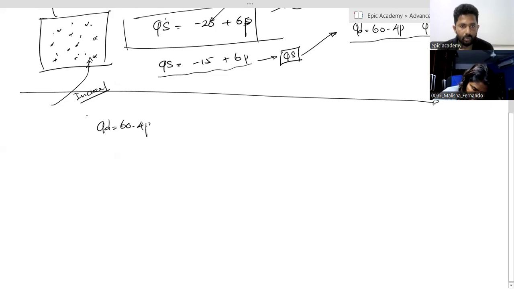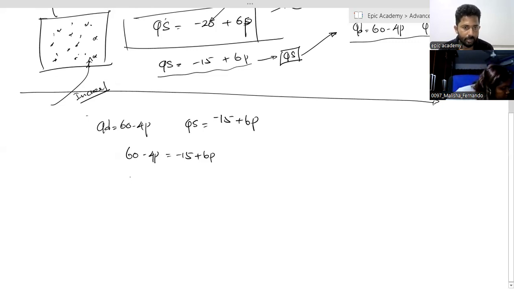QD equals 60 minus 4P, QS equals minus 15 plus 6P. Setting 60 minus 4P equal to minus 15 plus 6P, then 60 plus 15 equals 6P plus 4P, which is 10P, so 75 equals 10P.